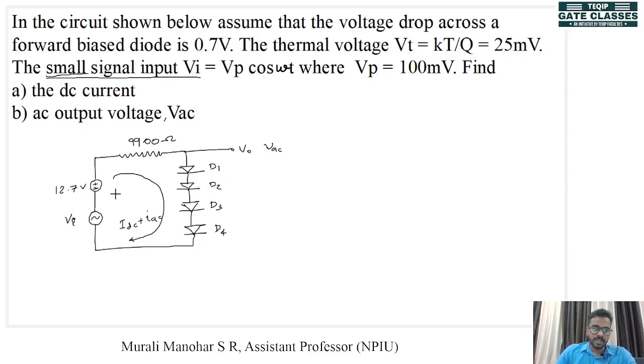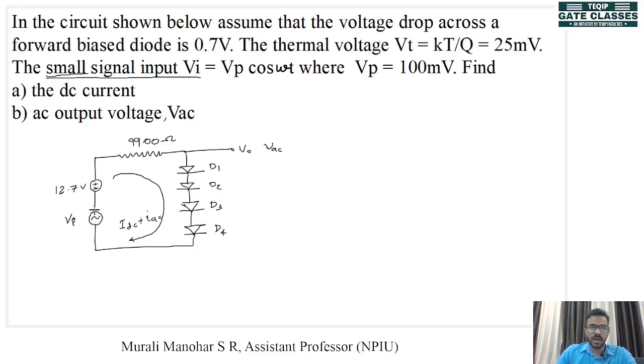You also know that to apply superposition theorem, we need to remove one source and find out the current or voltage according to the other source. So, here also we will do the same. To find out DC current, we need to remove the AC voltage, which is Vi, input signal, right?